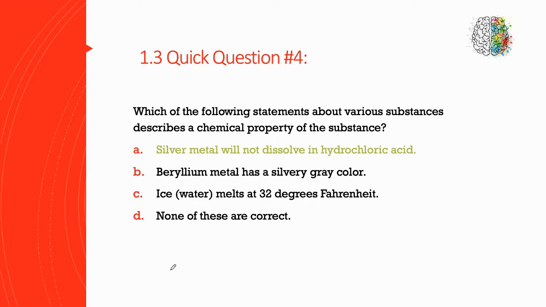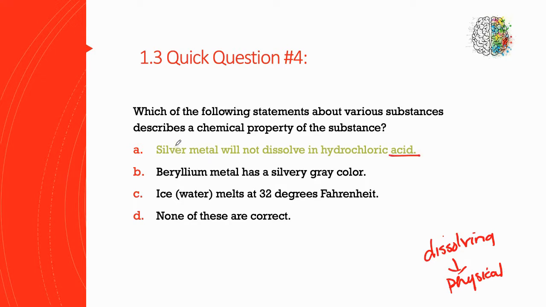All right, and A should be your answer here. And again, your book does a poor job of this because just so you know, again, dissolving is a physical property. They should not have used the word dissolved. And the key here is they're putting it in an acid.